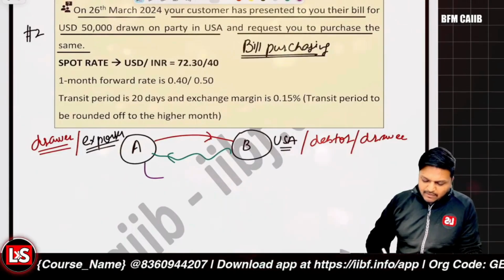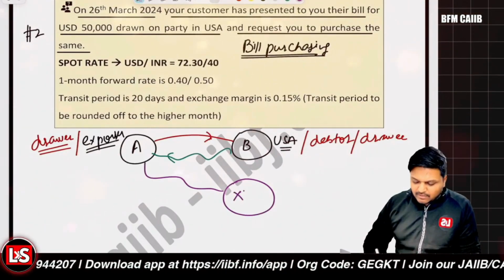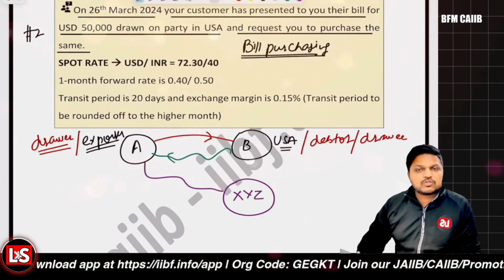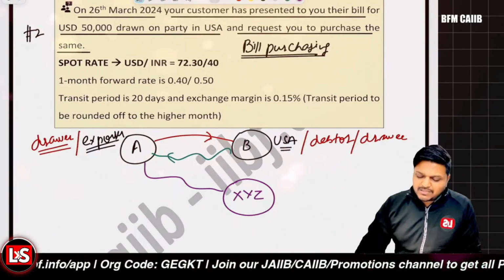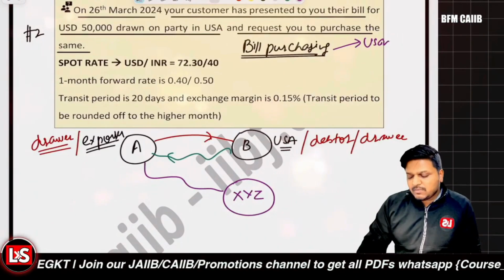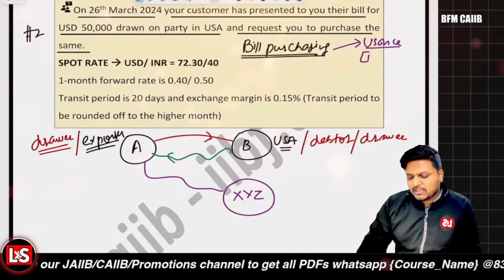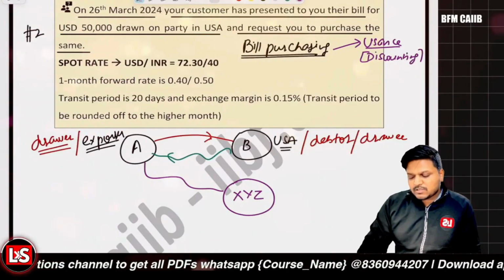So person A went to bank XYZ and asked the bank to discount it or to purchase it. It's just about the nomenclature. When we're talking about the usance bill, the term used is discounting the bill.